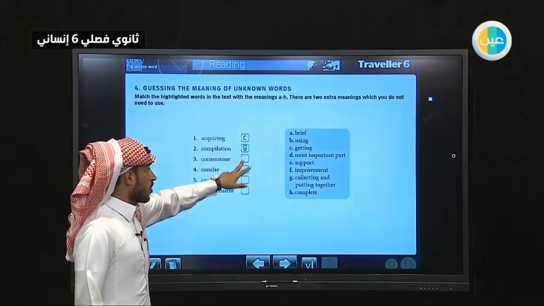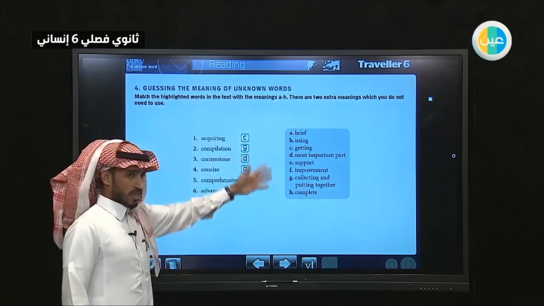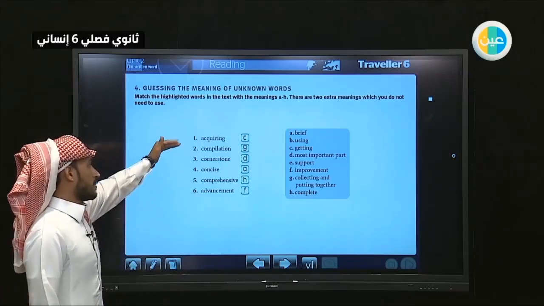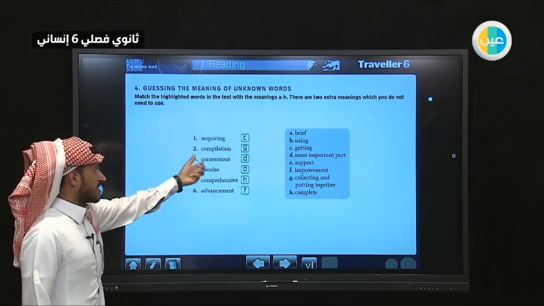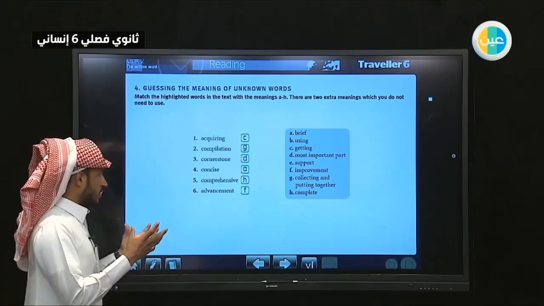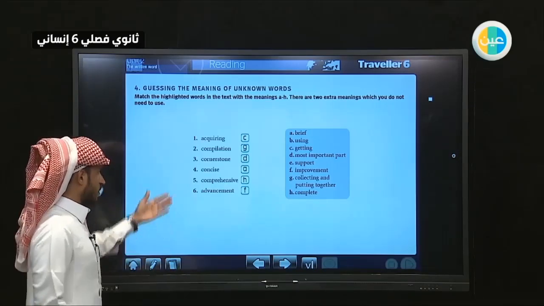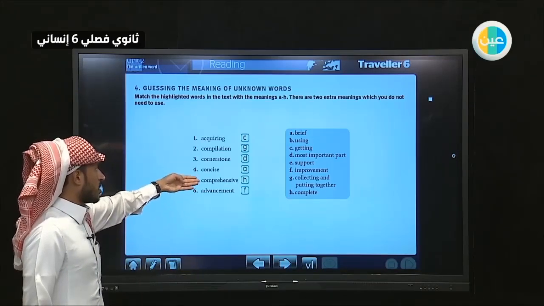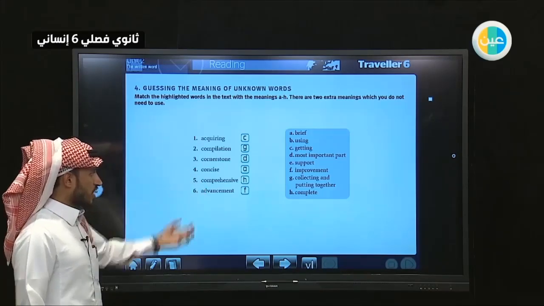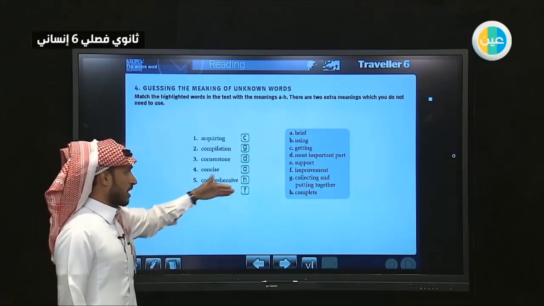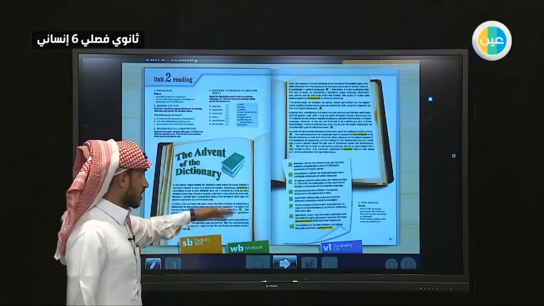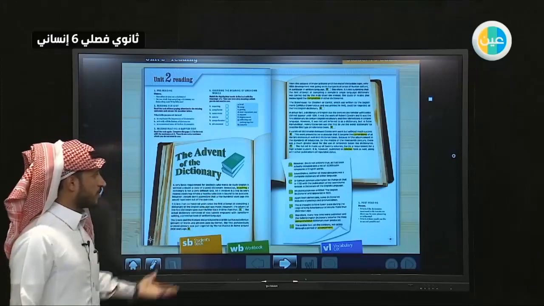We matched each word with the proper definition or the proper meaning or its synonym. تكلمنا عن كلمات مثل acquiring معناها اكتساب اللي هي getting، أو compilation اللي هي تجميع، يعني وضع أكثر من شيء في شيء واحد، cornerstone اللي هو حجر الزاوية، concise اللي هو بشكل مختصر وسريع، comprehensive اللي هو الشيء المكثف الcomplete، والadvancement اللي هو improvement أو التقدم. بعد كذا تعرفنا على كلمات أخرى مثل الكلمات اللي بالأصفر وكلمات أيضا إضافية داخل النص.